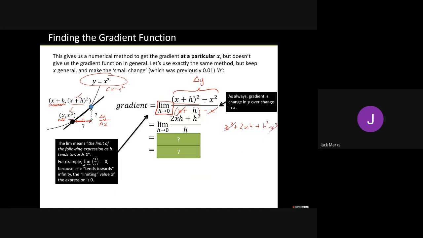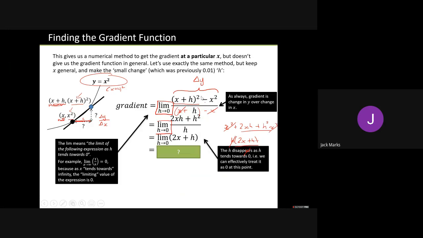And what they've done is they've cancelled that, which leaves you with this part here. The limit notation, this bit here, you just keep this on going throughout. What else can you do? Well, you could factorize h from the top, and you would get 2x plus h over h. And when you have a common factor throughout numerator and denominator, you can cancel those as well.